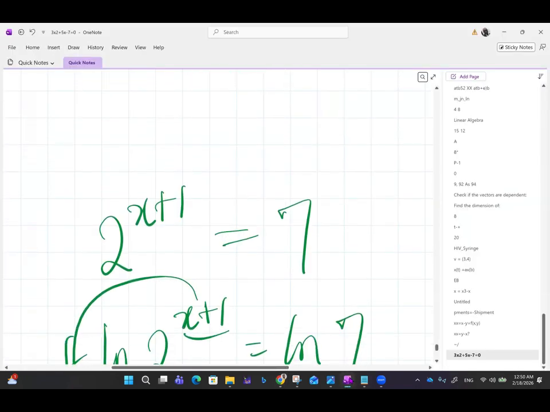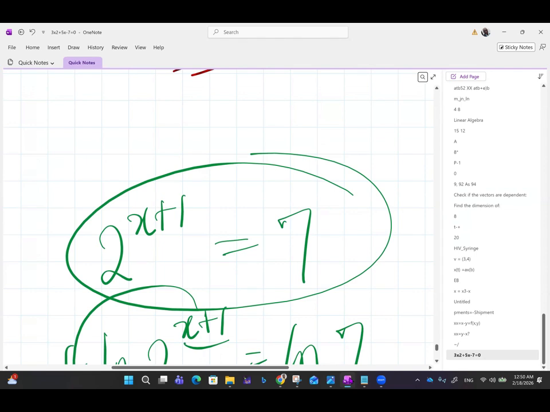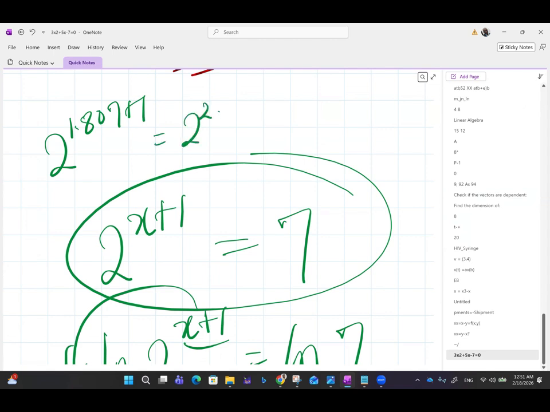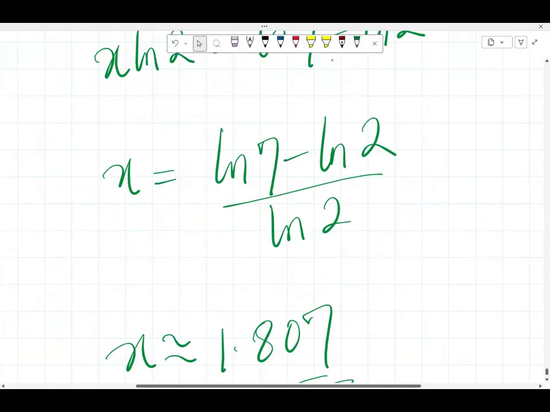If you check it, we're saying 2 raised to the power 1.807 plus 1, which is 2 raised to the power 2.807, and we see it's approximately 6.998. That's 7 to the nearest whole number, to the first decimal, and to the second decimal place. So that works very well. So we can check regardless.